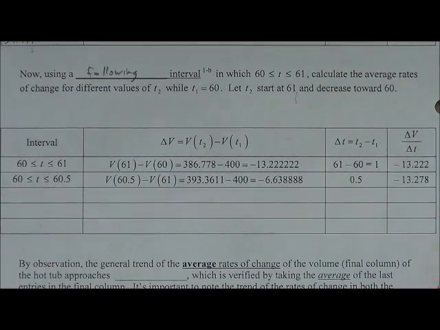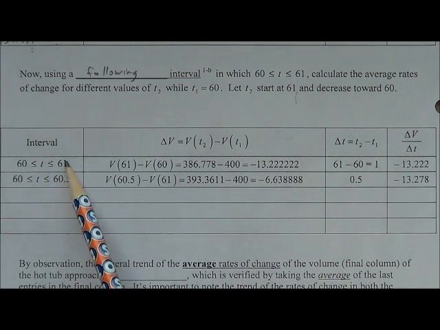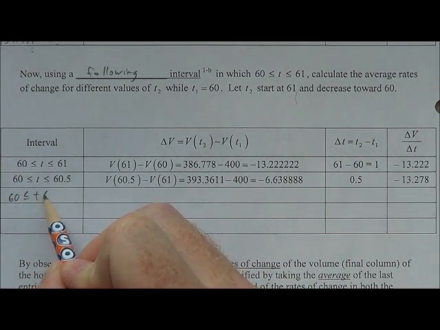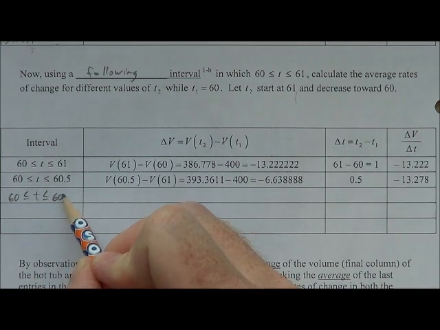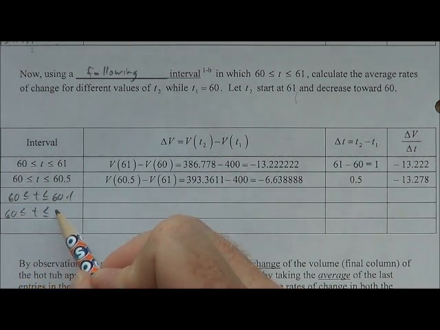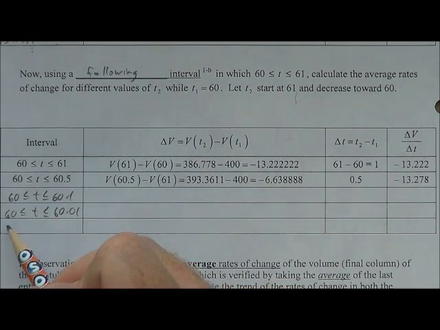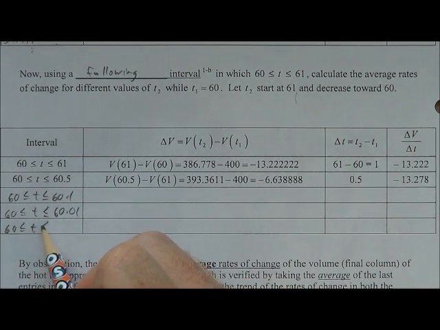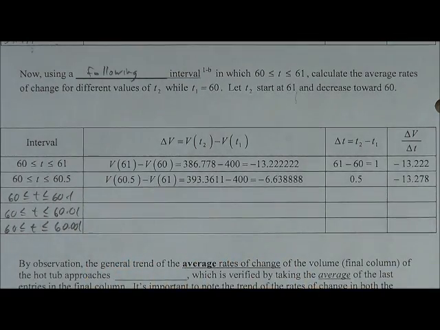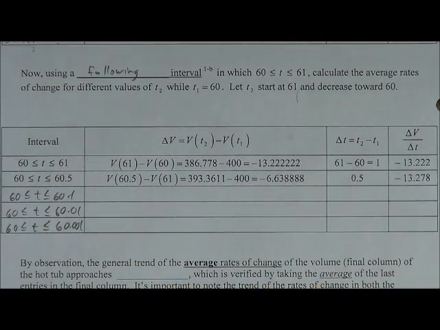And so the same kind of idea as before. T1 staying constant at 60, T2 is going to be changing, 61, then 60.5. We're going to change this to 60.1, and then we're going to change that to 60.01, and then finally to 60.001 to keep the same level of accuracy as the preceding interval.